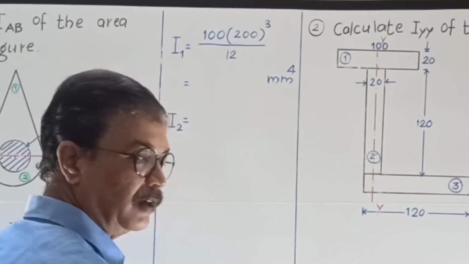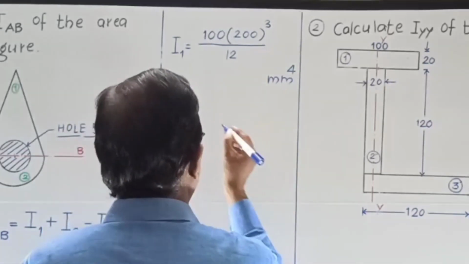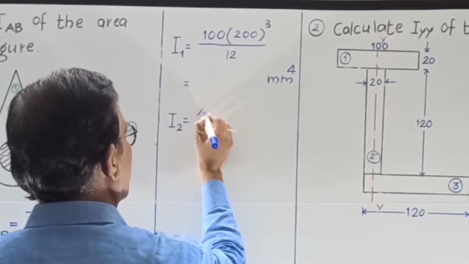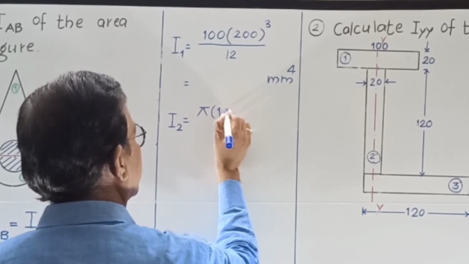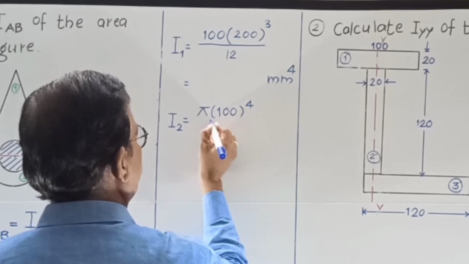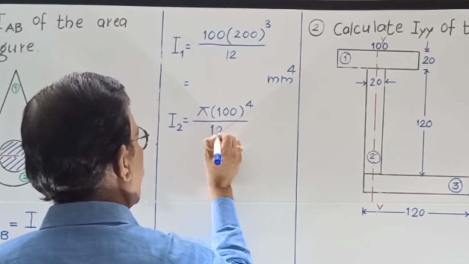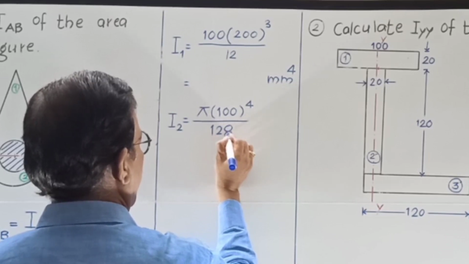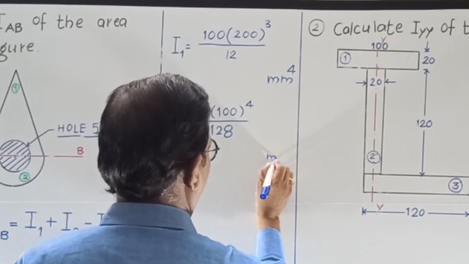What is the diameter of the circle? Diameter of the circle is 100, so it is pi into 100 raised to 4 upon 128. Calculate this, you will get the value of I2.